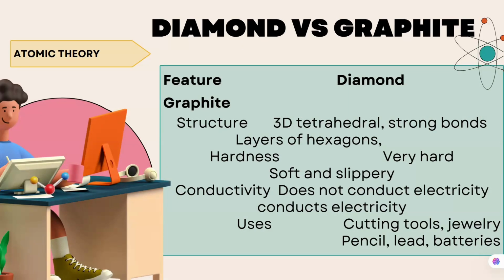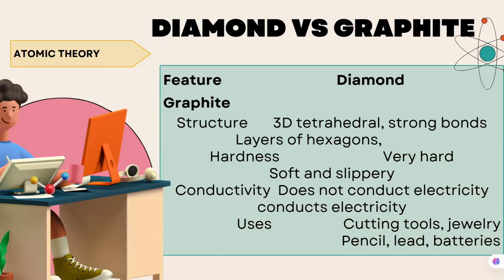The hardness of graphite is very hard, and the diamond is soft and slippery. Conductivity. Graphite does not conduct electricity. Sorry, graphite is soft and slippery. The conductivity of graphite is that it does not conduct electricity at all, and diamond conducts electricity.